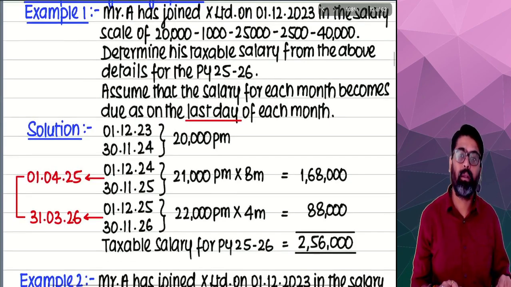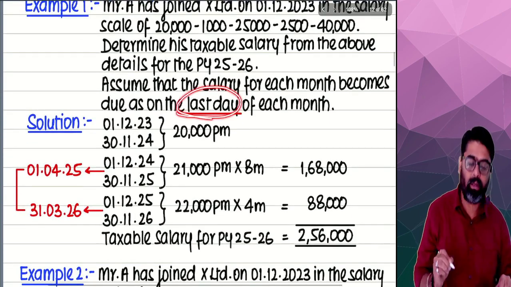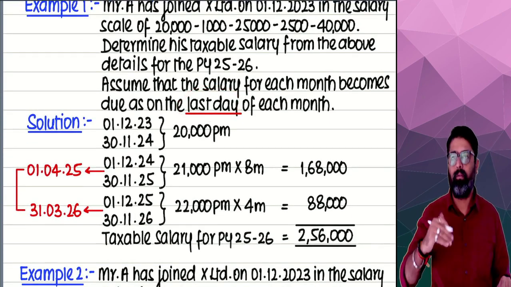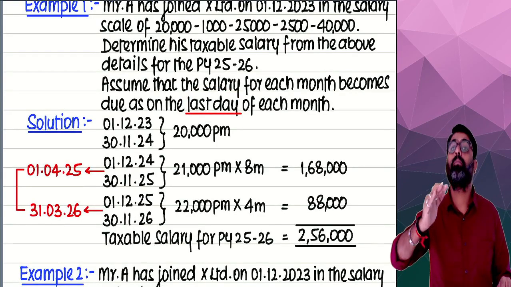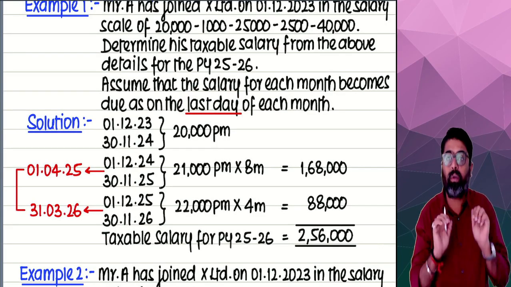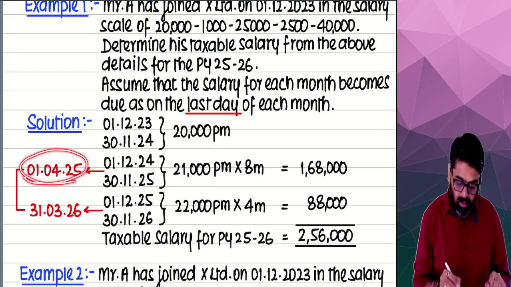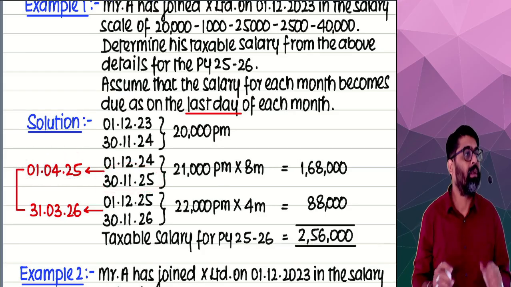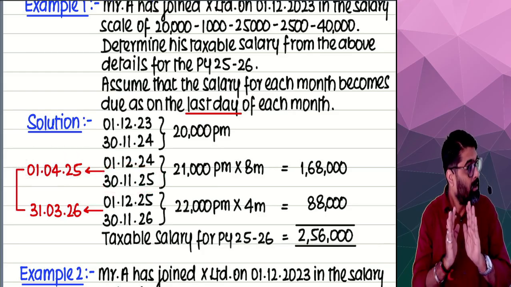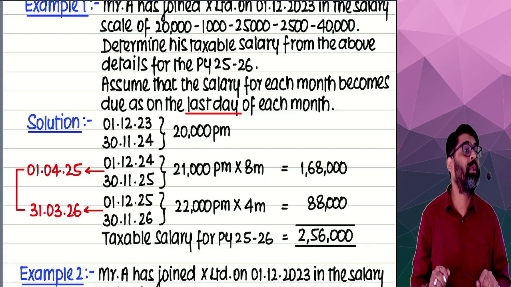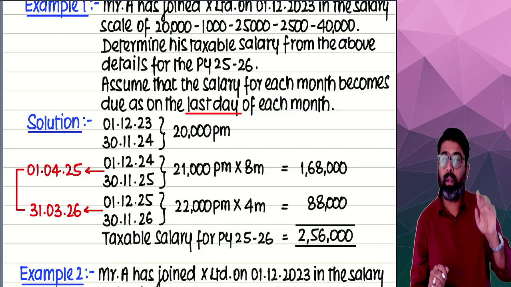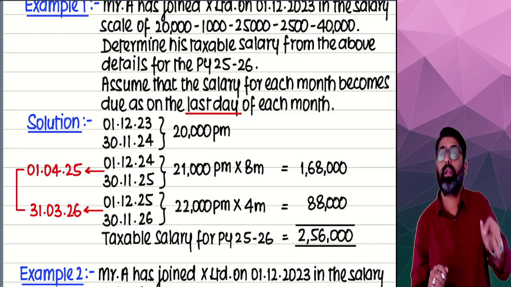In the earlier one, they are saying that the salary becomes due on the last day, meaning every month's salary will become due in this year only. April to November, salary will become due on the last day of that month. April month salary will become due this year on 30th April.